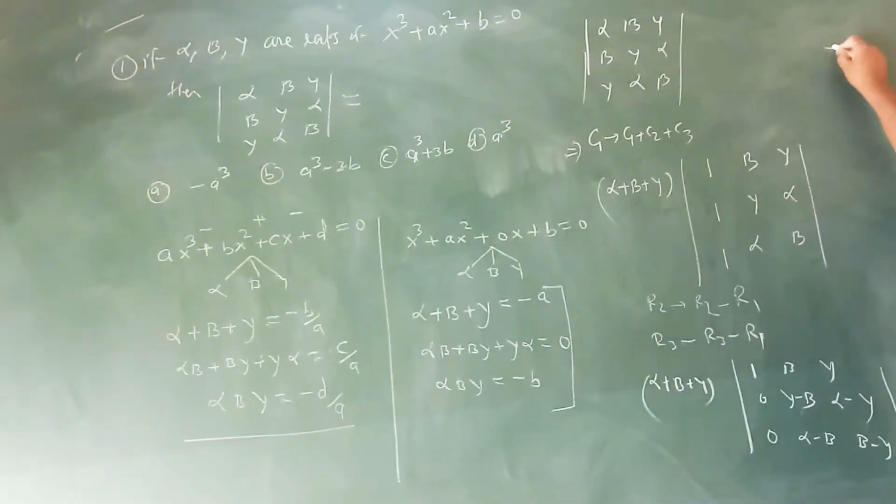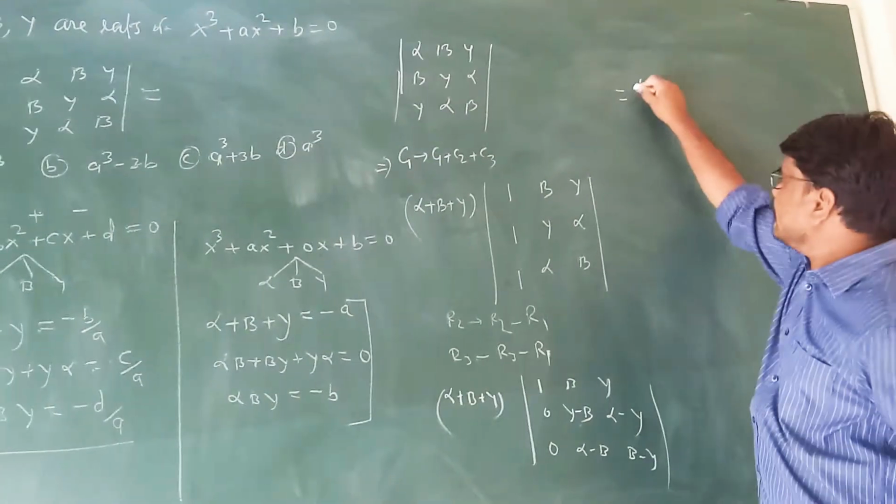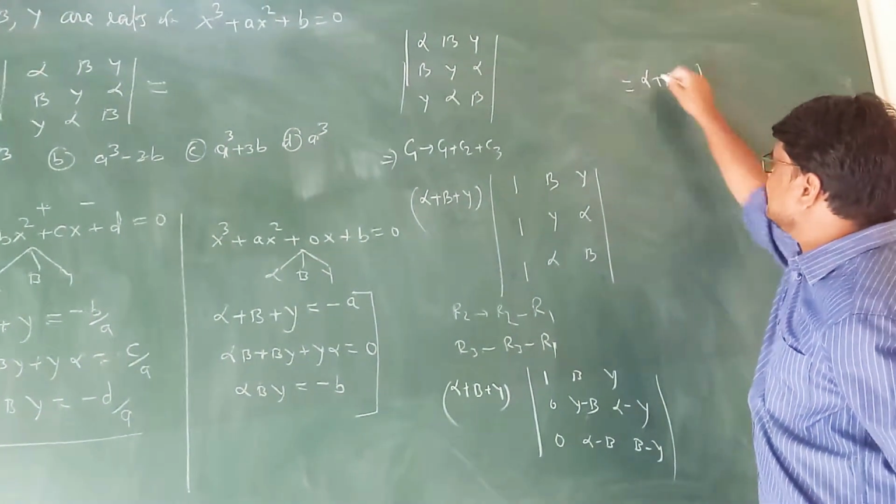Now you can evaluate this. So this is finally equal to, what is that? Alpha plus beta plus gamma. ठीक है?